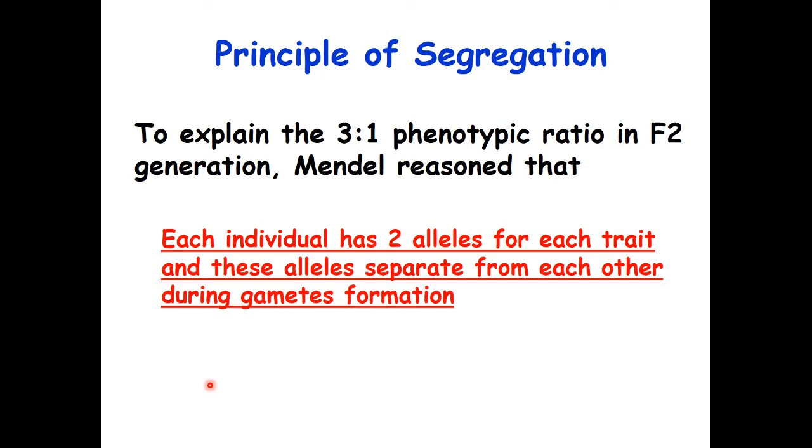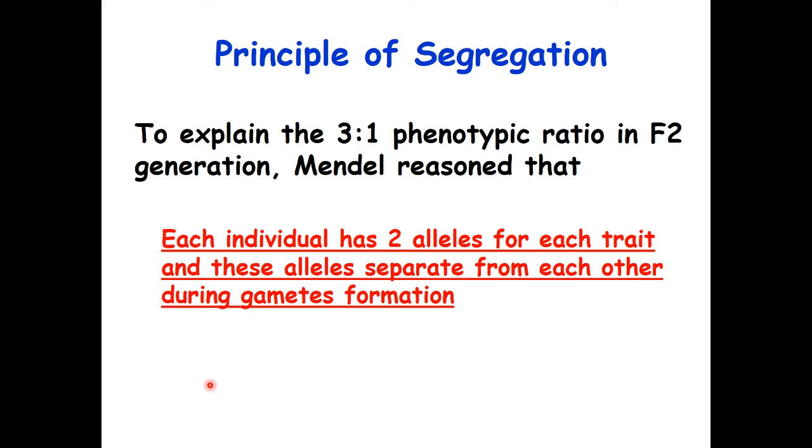So to explain, remember how when you cross heterozygotes, like the one we just did with the two-eye babies, they all have this 3-to-1 phenotypic ratio, so 75% to 25% in the F2 generation. And from looking at this math, Mendel was able to reason that each individual has two alleles, and he already figured that one out in the law of dominance.